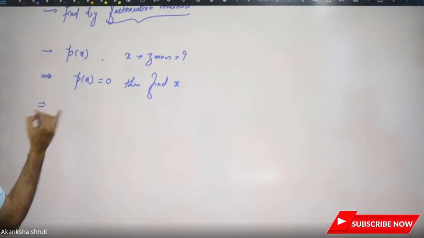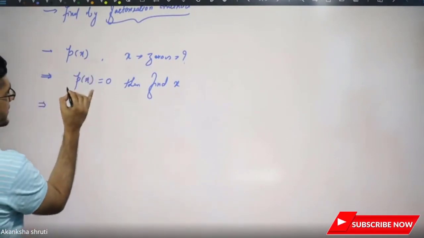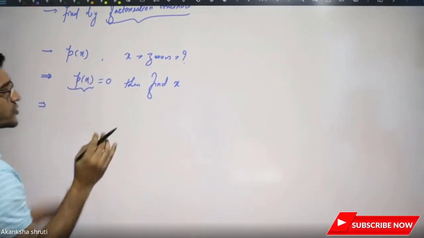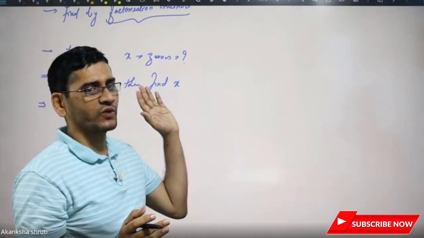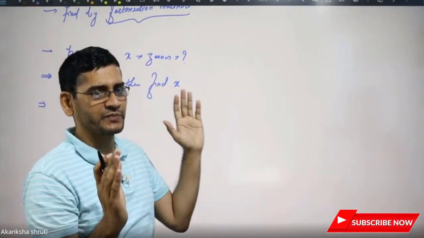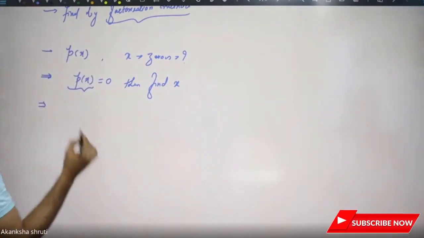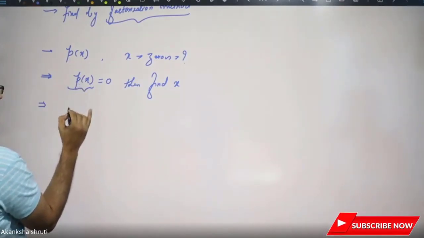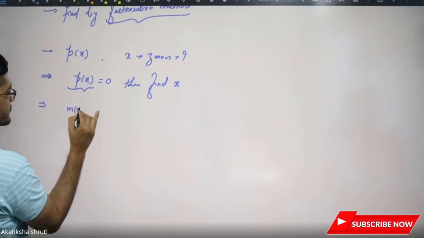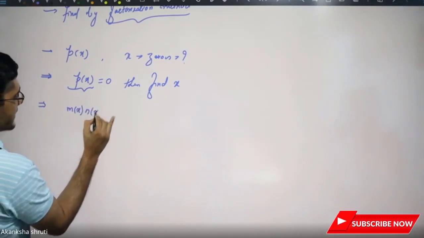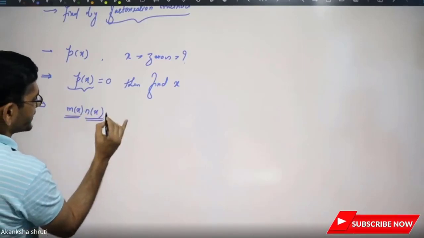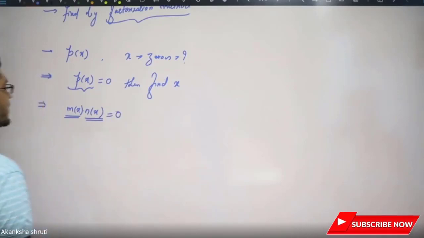According to the factorization method, this polynomial p(x) is to be broken into two linear polynomials. Since it is a quadratic polynomial, it has to be split into two linear polynomials. So it can be written as the product of two linear polynomials. Let us write mx as one linear polynomial and nx as another. This is equated to 0.